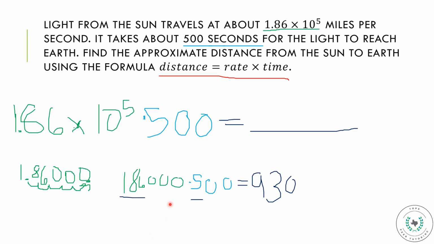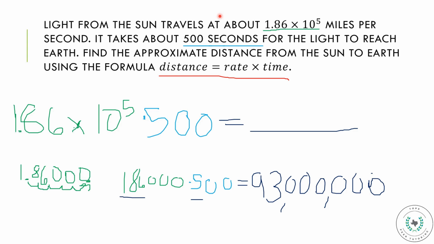Now we take the 3 zeros from our first number, and we add those on, and then we take the 2 zeros from our second number, and we also add those on. And here we have 93 million, which might seem like a lot, but to be fair, it is the approximate distance in miles from the Sun to the Earth, so that's pretty fair.